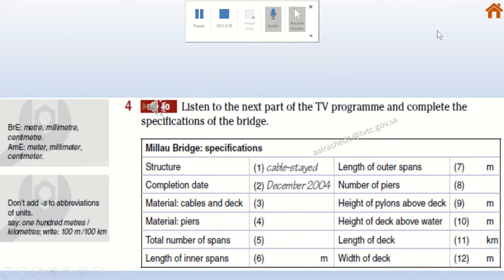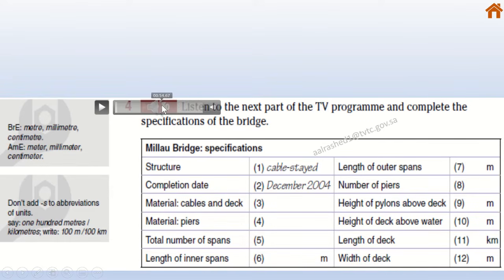Length, height. Length of outer spans. So inner means inside, outer spans means outside. Number of piers, again numbers, all of them are numbers. How to write them, you need to listen. The answers are all in the listening clip.